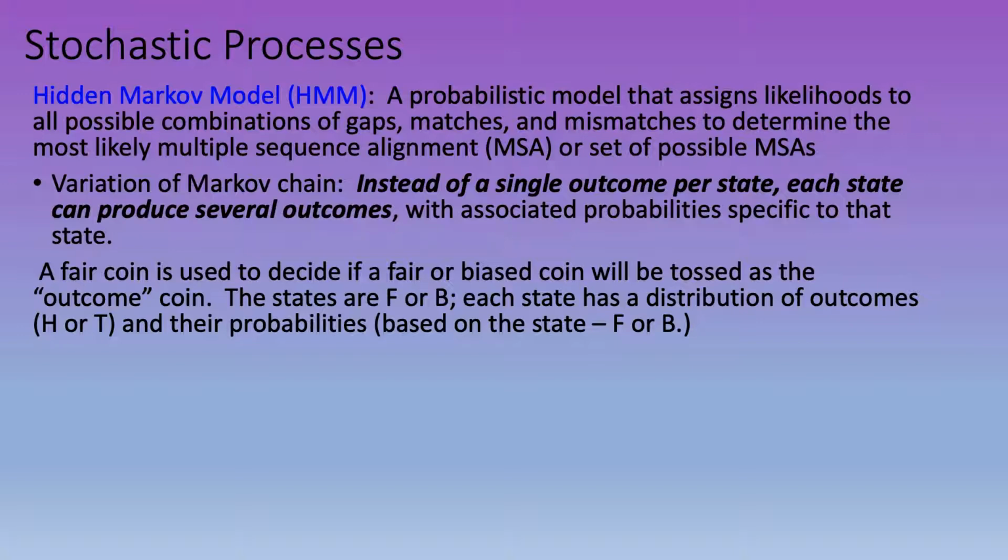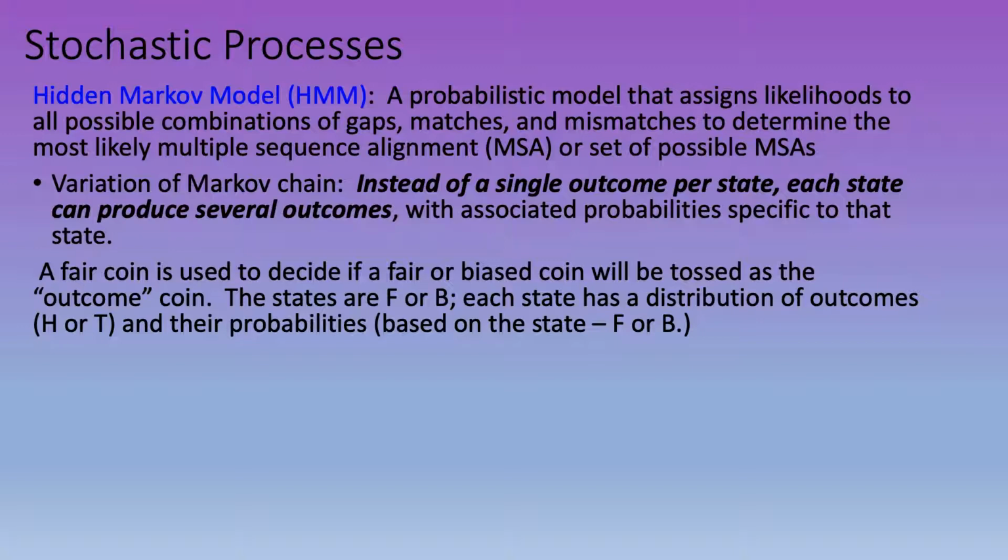And we could use another example here in the case of a fair coin, right? So we had this previous example where we were picking a coin at the beginning and we had to decide if it was fair or biased based upon a toss of an outcome, right? And so you either got a fair coin or a biased coin, an F or a B. And each state you flip the coin a bunch of times, and then you would make a hypothesis based upon the number of flips.